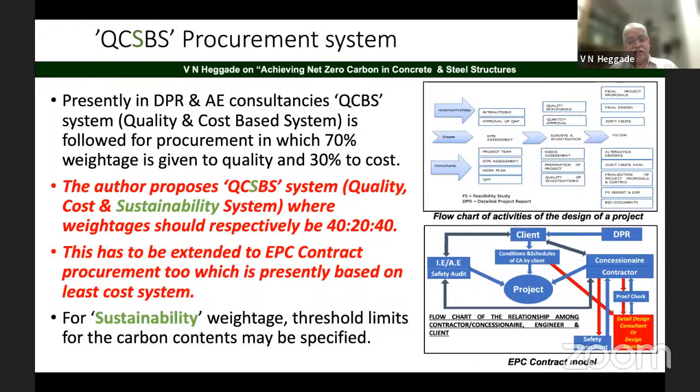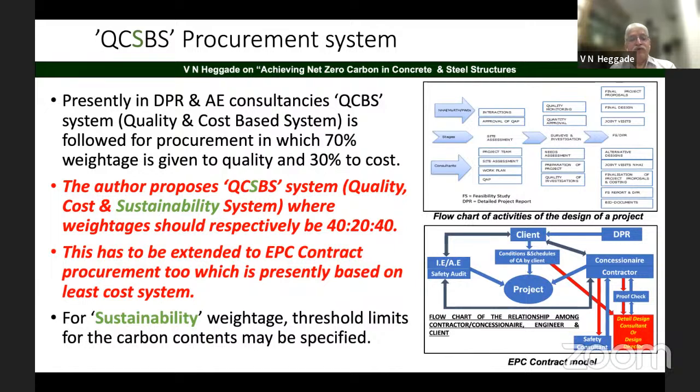So another thing is it has to come in the policy itself. The policy could be the QCSBS system, quality. Right now, our procurement strategy, especially in the infrastructure and building sector, is, in my opinion, a quality cost-based system, whereas 70% of the weightage is given to the quality and the rest to the cost.